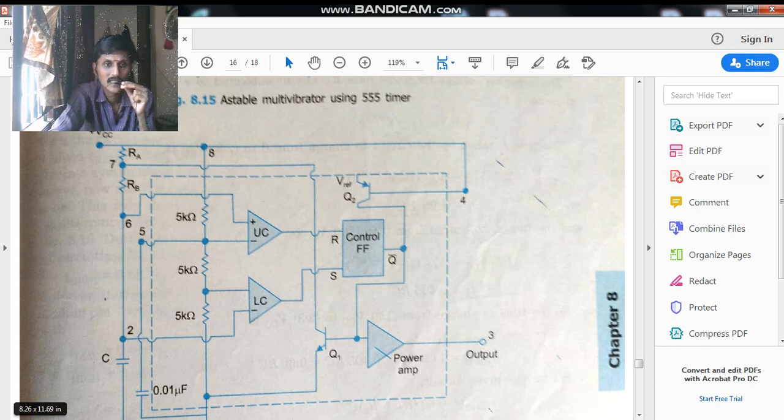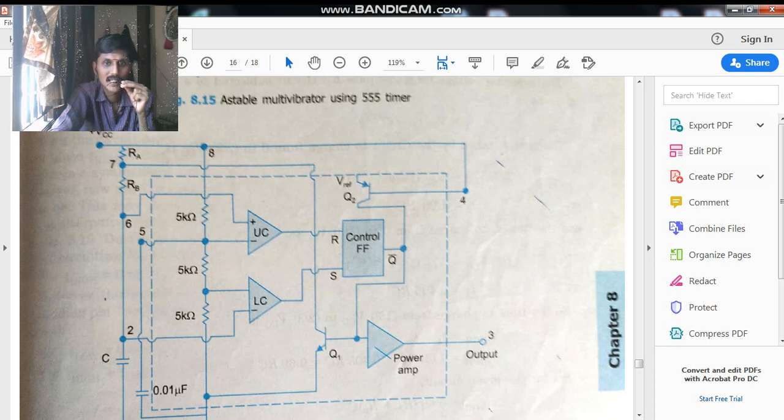Then the capacitor discharges from the upper comparator level toward the lower comparator level. The upper comparator has 2/3 VCC and the lower comparator has 1/3 VCC. At 1/3 VCC, the lower comparator triggers, that is, S is equal to 1 and R is equal to 0.